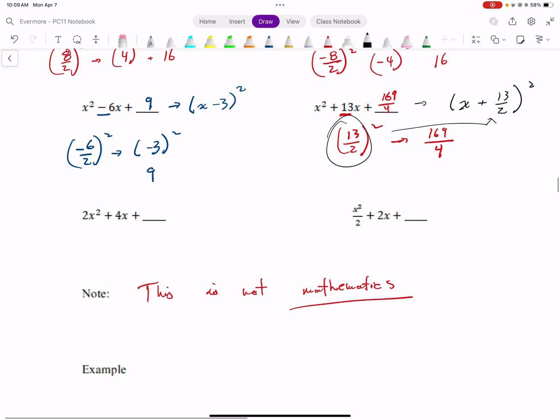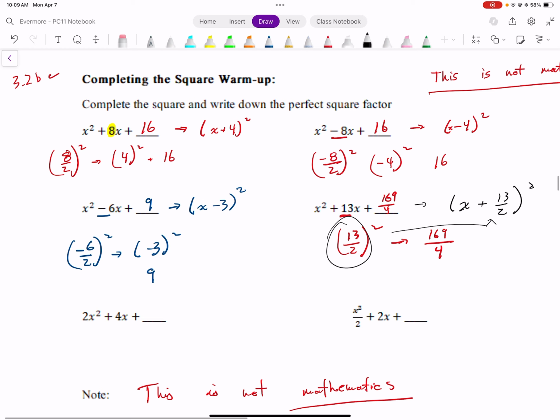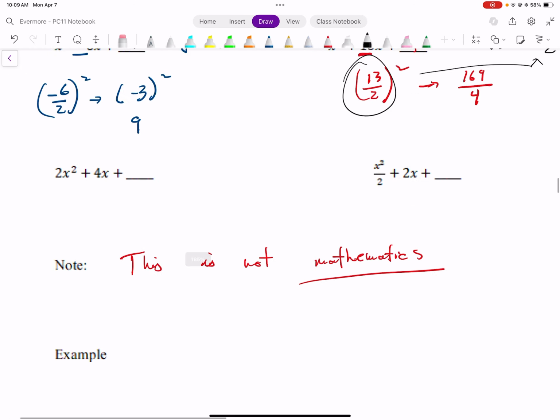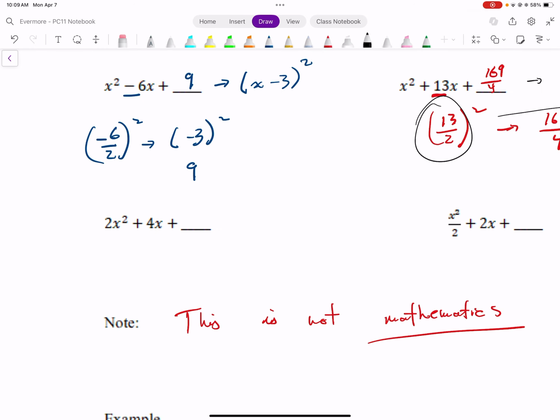All right, now how does this differ from the previous one? Okay, yikes. Well, the coefficient is 2. I cannot do this because that coefficient is 2.